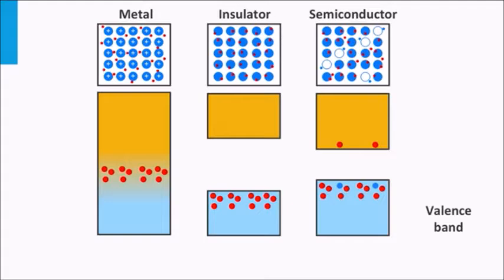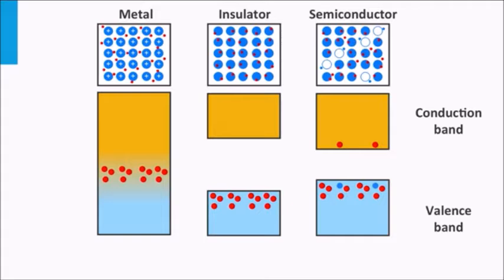Most electrons fill the lower electronic band, the so-called valence band. If electrons reside in the valence band, they are not mobile. They are well bound to the atoms in the lattice. The upper electronic band is the so-called conduction band.